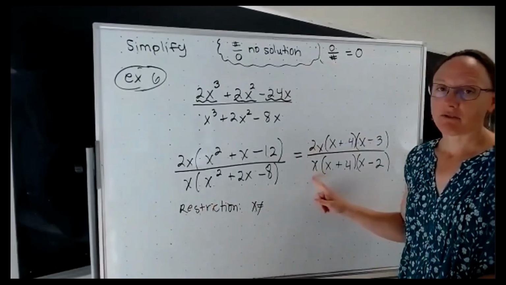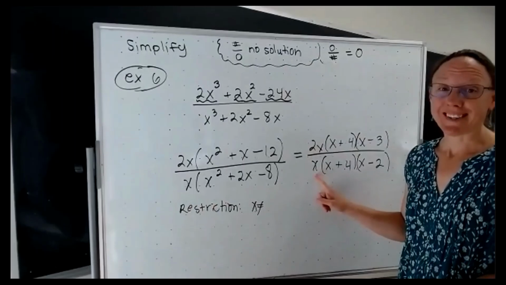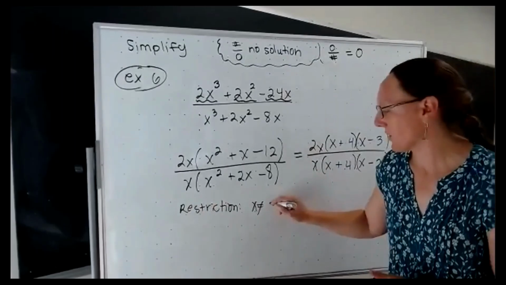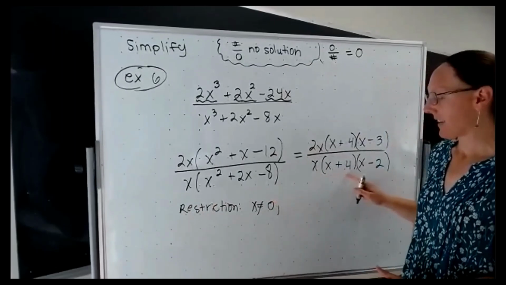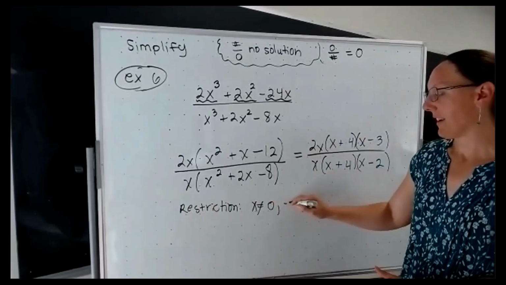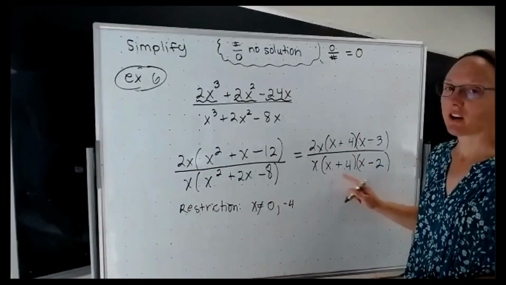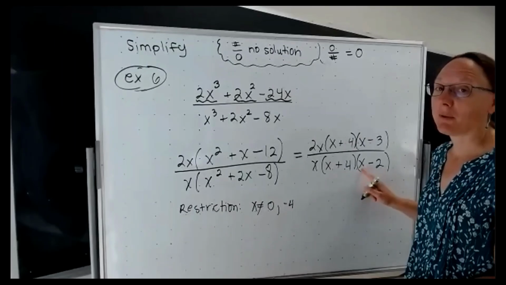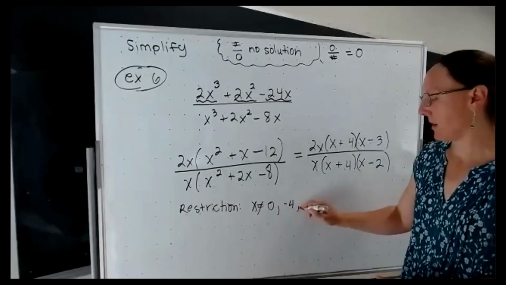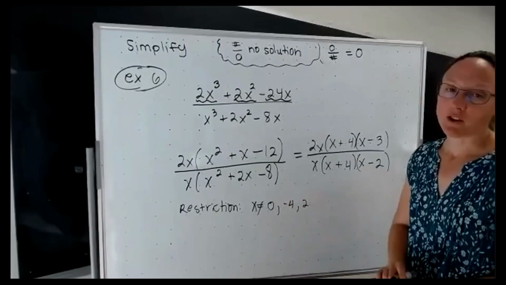Well, this x out in front, if we plug in a 0, that would make that equal to 0. For x plus 4, I would be plugging in a negative 4 to make that equal to 0. And for x minus 2, I'd be plugging in a 2 to make that term equal to 0. So now I've got my restrictions.